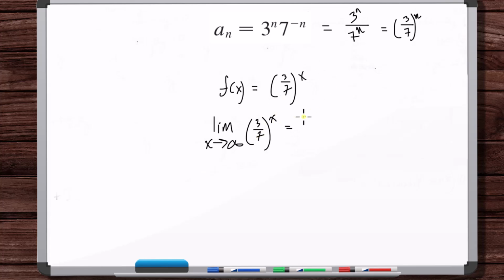Well, this is one of those cases with exponentials, for a to the x, as x goes to infinity. If the base is between 0 and 1, not including 1 or 0, then the limit is equal to 0.